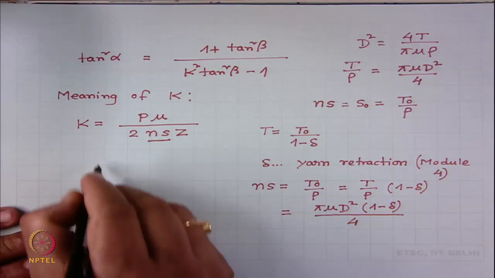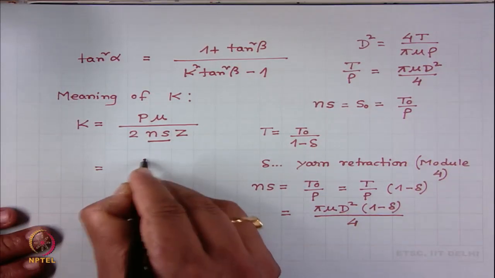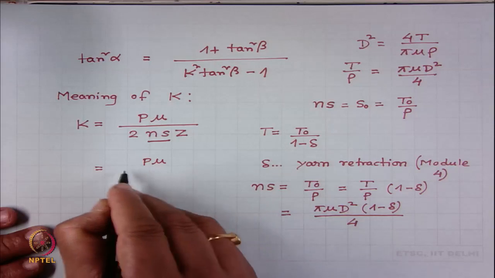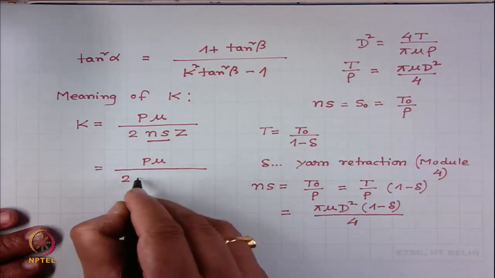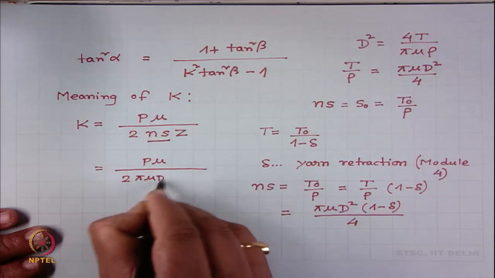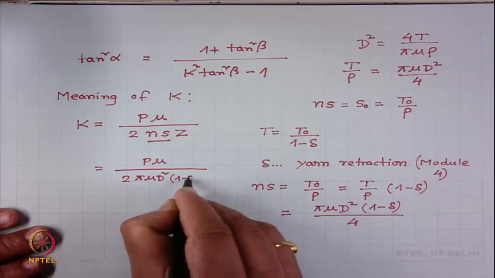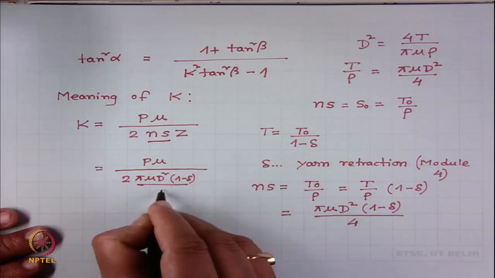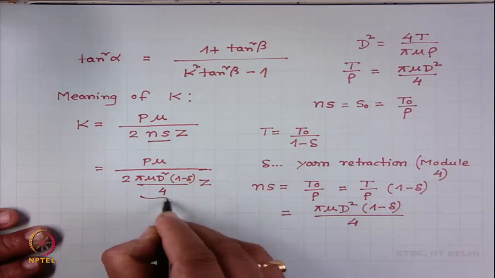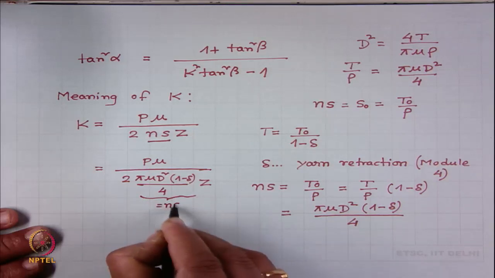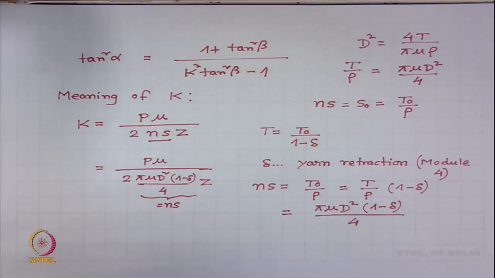This Ns we substitute here. So, what we obtain is P, period of migration, into packing density, 2 pi mu d square 1 minus retraction by 4, this is your Ns and this is your Z. Right.